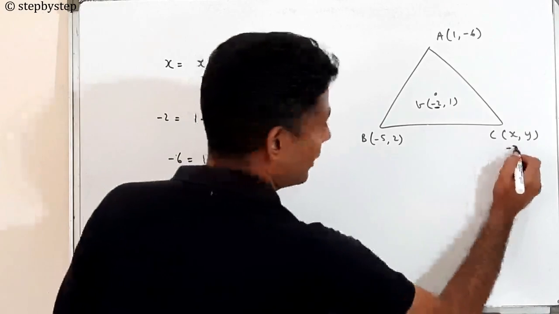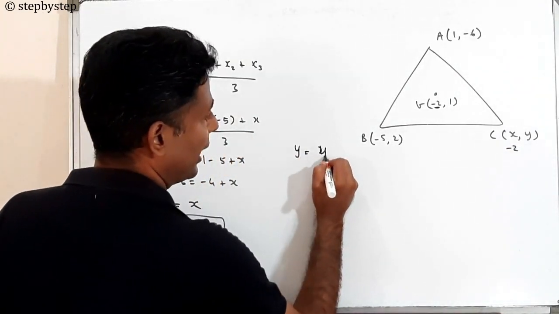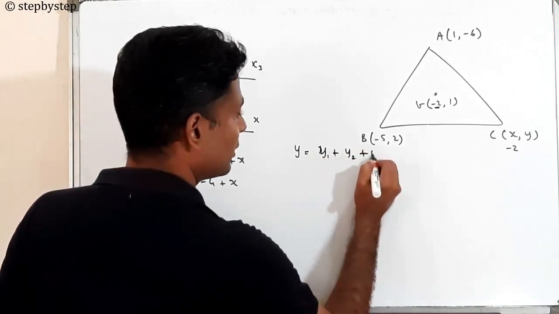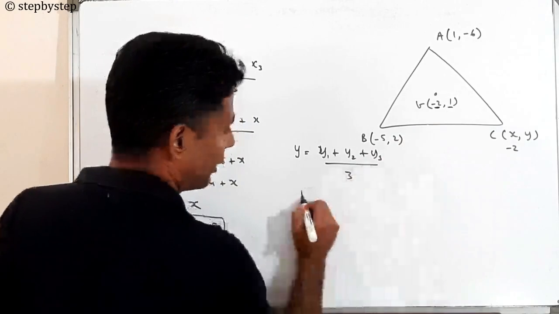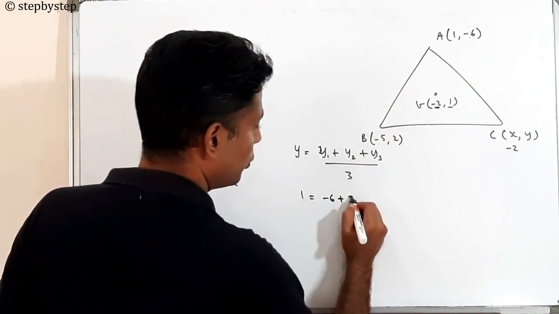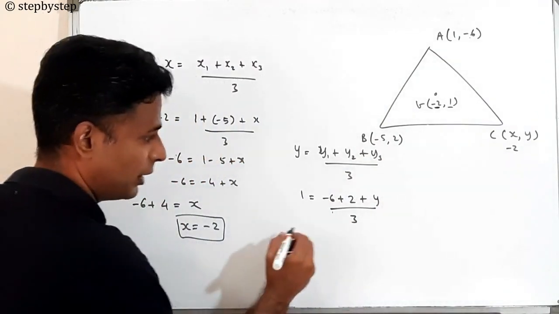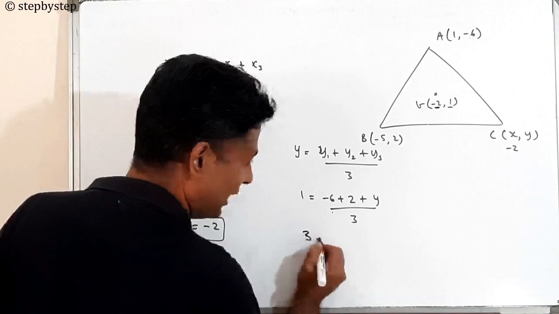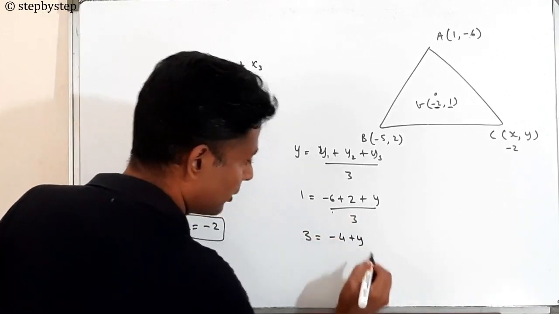So we got the x coordinate. Similarly, what is the y coordinate of the centroid? y1 plus y2 plus y3 by 3. So 1 equal to minus 6 plus 2 plus y by 3. Transpose 3 to the other side, 1 into 3, we get 3 equal to minus 6 plus 2, minus 4 plus y.